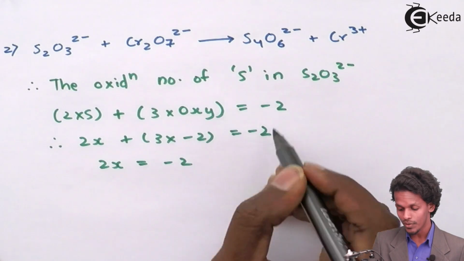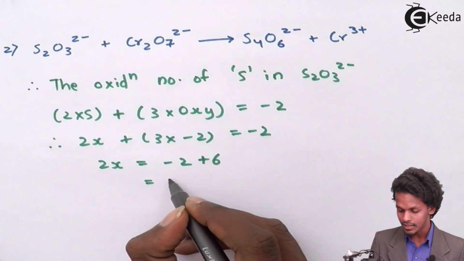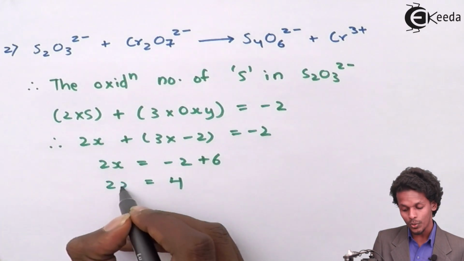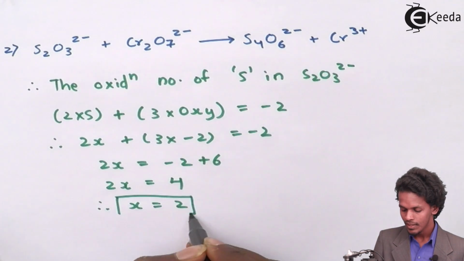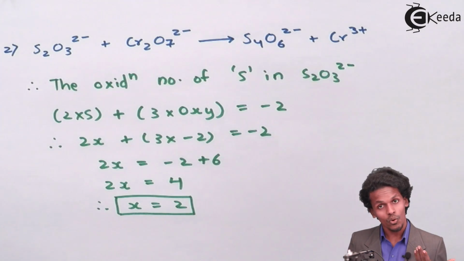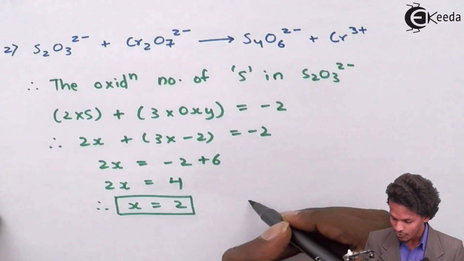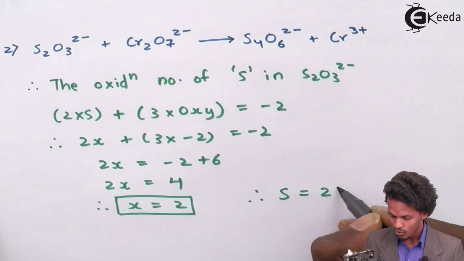This minus 6 will go over there, it will become plus 6, and eventually we will get an answer as 4, but it will be for 2x. So therefore for x it will be 2. So this is the oxidation number of sulfur present in S2O3 2 minus. So therefore the oxidation number of sulfur in this case is 2 plus.